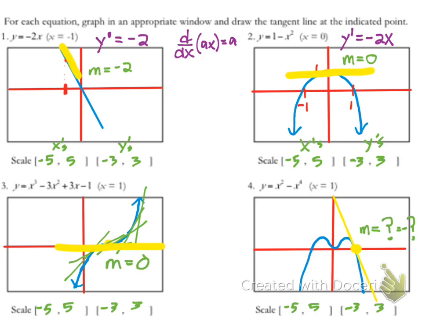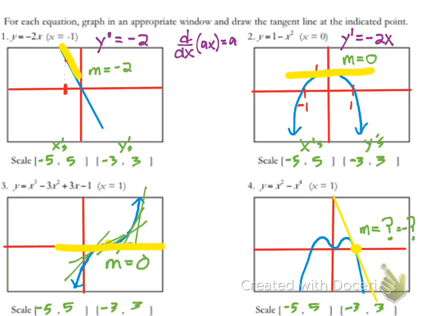The derivative of -x squared, if you multiply the 2 times -1 out front and reduce the power by 1, you get -2x. So it's like 0 plus -2x, or y prime equals -2x. That's our derivative equation. So to get the slope, these are our derivative equations. That means if I plug the x into those derivatives for each of these functions in number 1 and 2, I can get the slope that I already know, at least confirm it with this derivative stuff.